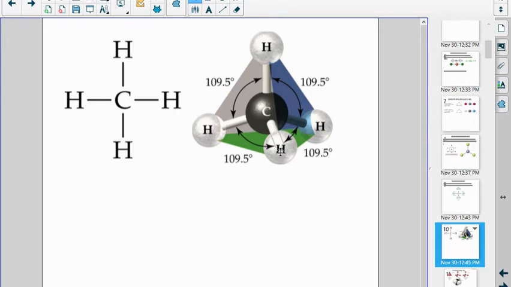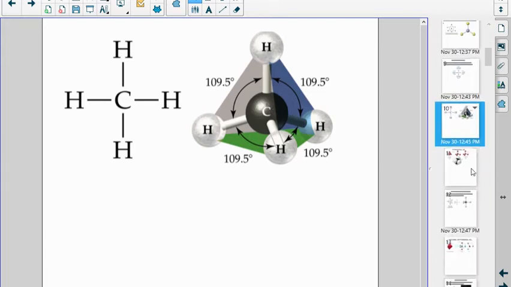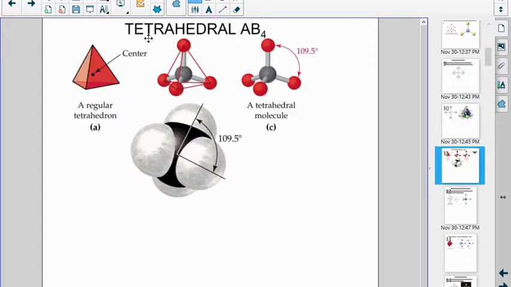Any angle between hydrogen, carbon, and hydrogen is 109.5. Again, 3-dimensional. We draw it and it looks like 90, but when we're thinking about the 3 dimensions, now it gets into that 109.5. Tetrahedral. Why is it called tetrahedral? Tetra means 4, hedral sided. So we have a 4-sided object when we look at the shape of this molecule.